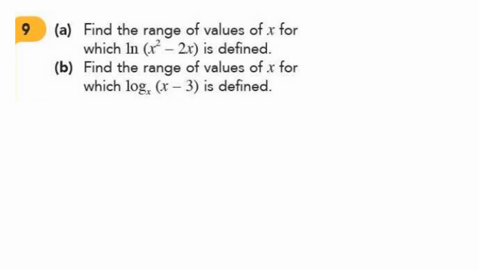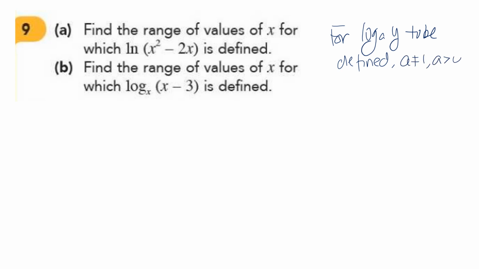If you recall early on, we learned that for log base a of y to be defined, there are certain conditions. First of all, a cannot be equal to 1, a has to be more than 0, and also y has to be more than 0.